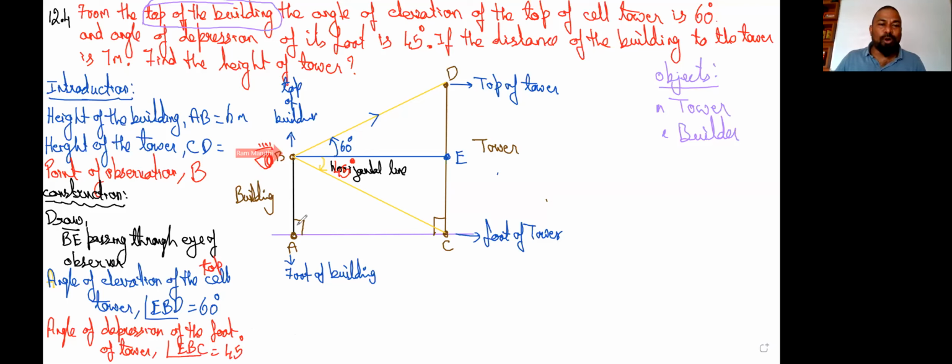Now, the last point he has given is the distance between the foot of the tower and the foot of the building. If you observe, he has given it as 7 meters. What is the last point he has said? If the distance between the building and the tower is 7 meters, let's go for that one.